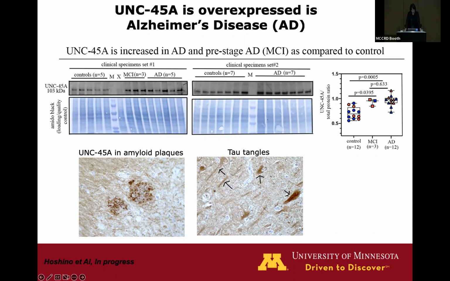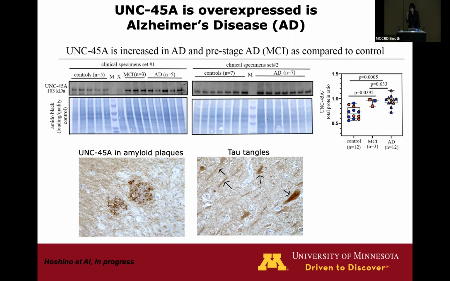So what you're looking at at the top are two Western blots. We just had a lot of samples, so we separated them into two different Western blots. And so you have controls. You have MCI, mild cognitive impairment. Those are brains from patients that have mild cognitive impairment, so they don't have full symptoms of Alzheimer's disease, right?